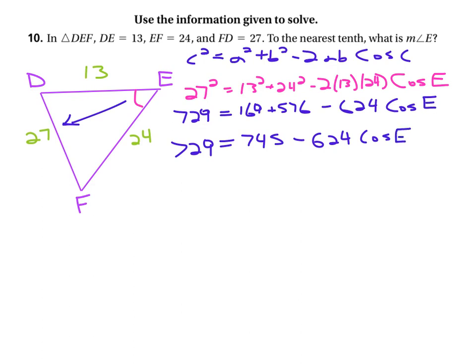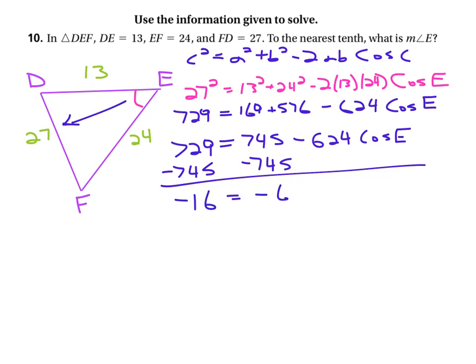All right. Now, what are we doing here? We're going to subtract 745 from both sides. Because what we're doing is we're undoing everything that's happening to cosine E in order to isolate it. So we can do 729 minus 745, and we get negative 16 on this side. Negative 16 equals negative 624 cosine E, and then we need to divide both sides by negative 624.